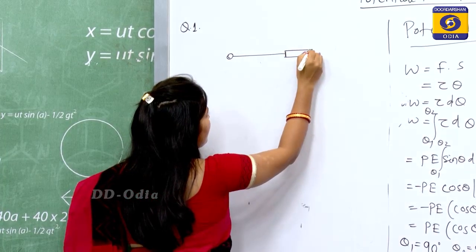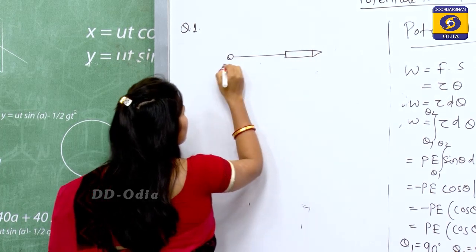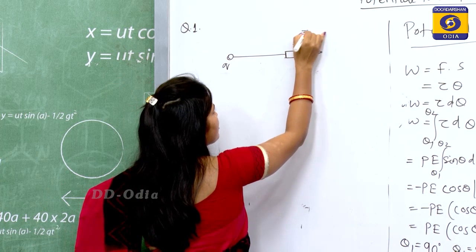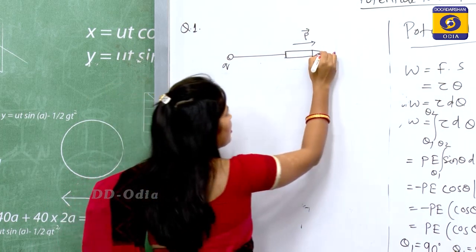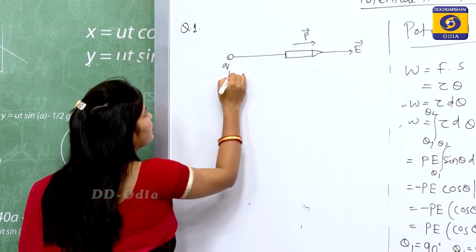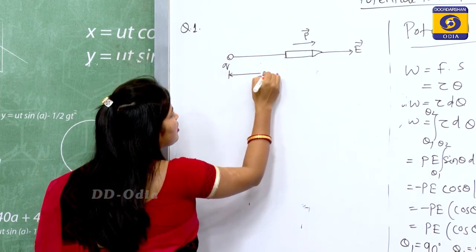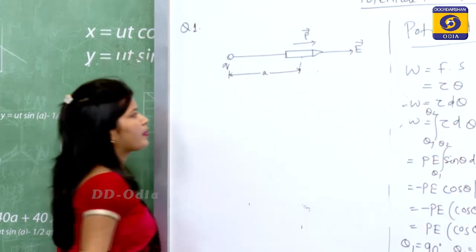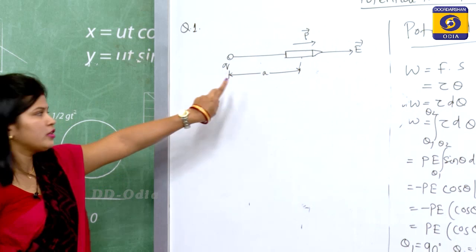Suppose this is point charge q and this is the dipole. The dipole moment is in this direction and the electric field is in this direction. The distance between the point charge and the center of the dipole is A. What is the potential energy of this system?